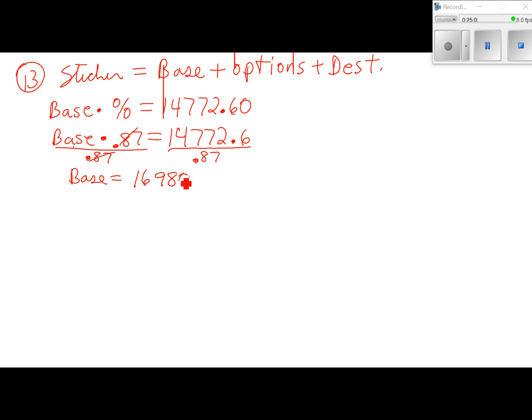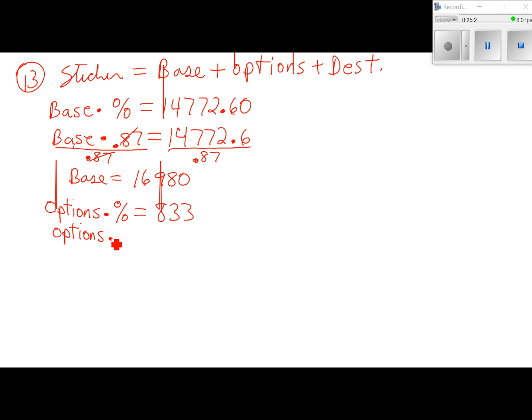The options, you're gonna do the same way. Options times the percent, which is the cost to the dealer, is $833. Well, the options, we don't know.